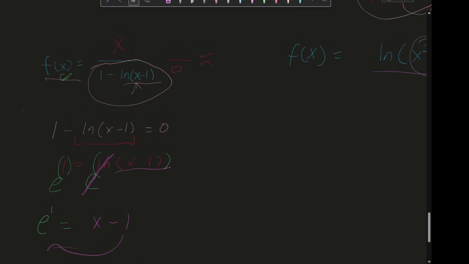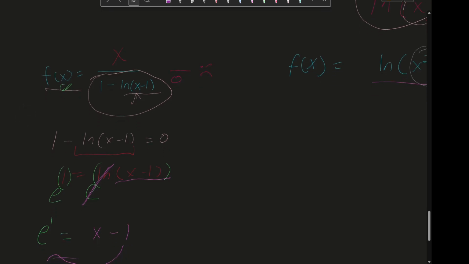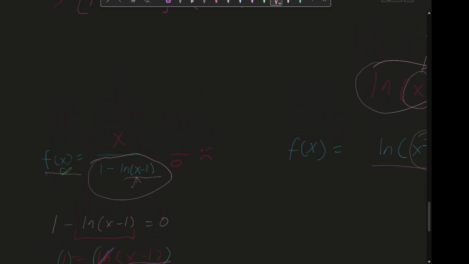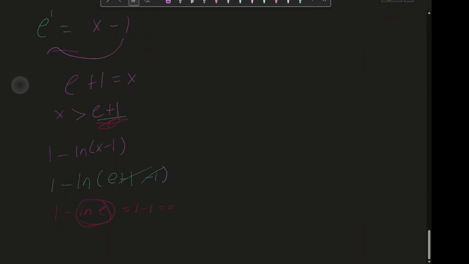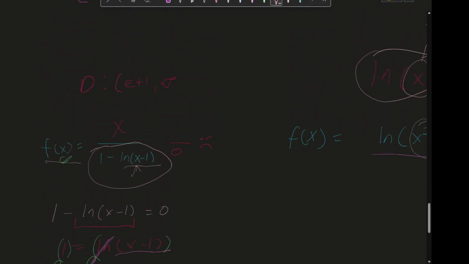So, looking at a domain now for your original function, your domain would just have to be, what is it, e plus 1? Let me double check that. Yeah, e plus 1, not included, to infinity.